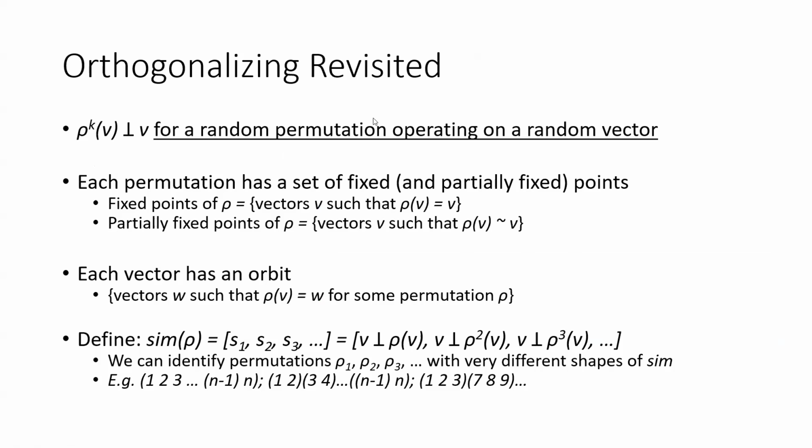I talked about this orthogonalizing idea. If you take an arbitrary permutation and an arbitrary vector, you'll have the property that applying the permutation a finite number of times (there's a number that's too big and you'll run into trouble, but effectively as many times as you like) you'll continue to get new orthogonal vectors moving through space into random, unrelated positions.